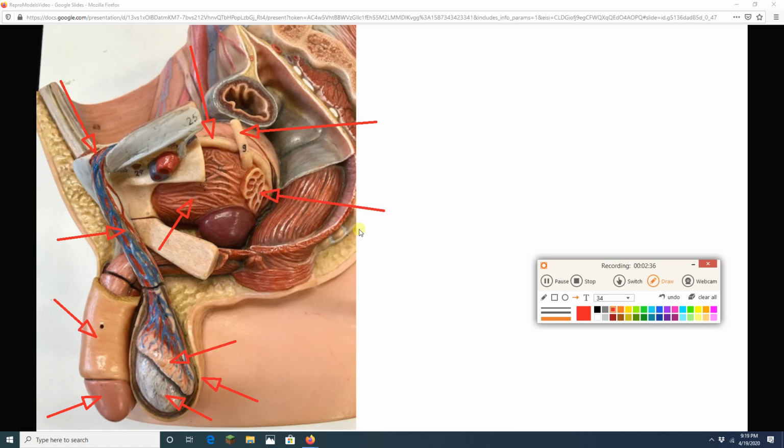There's the seminal vesicle on the back of the bladder, and the prostate gland under the bladder. The muscular floor under the prostate is the urogenital diaphragm, and we can also see the rest of the diaphragm. Here's a bit of it right here and right here and right here. That's the pelvic diaphragm, of which the urogenital diaphragm is but a part.